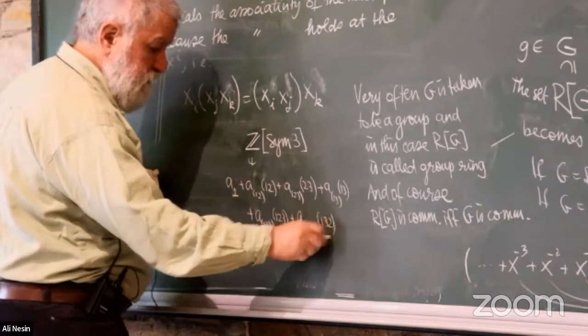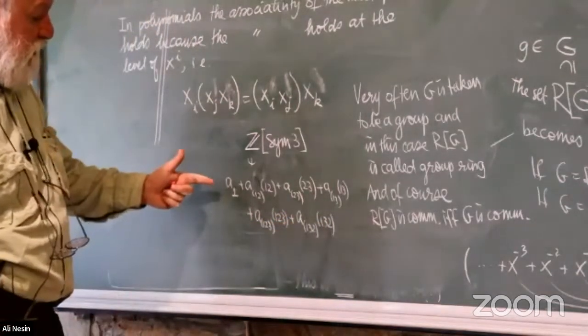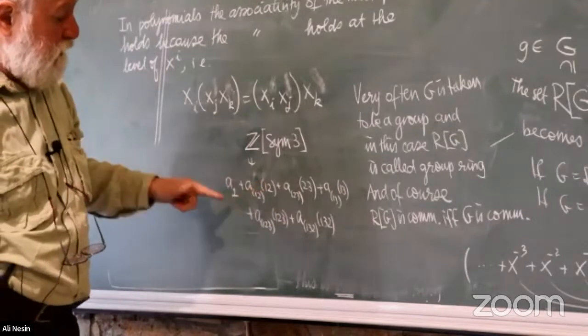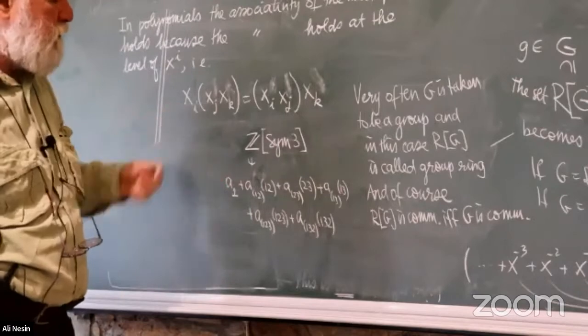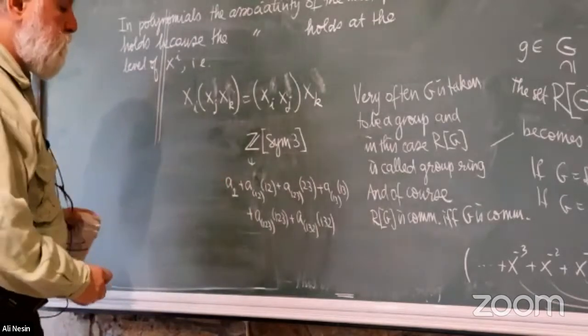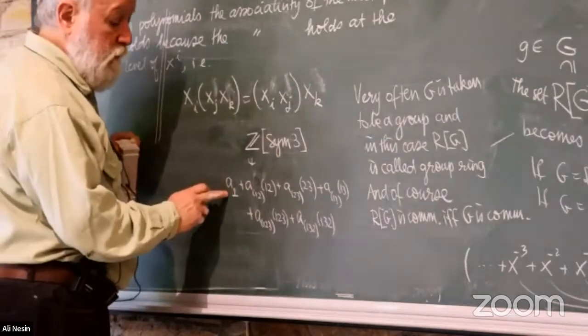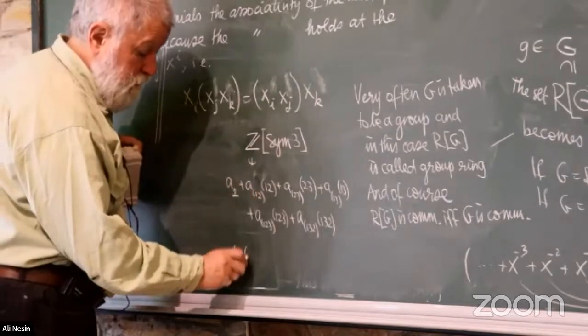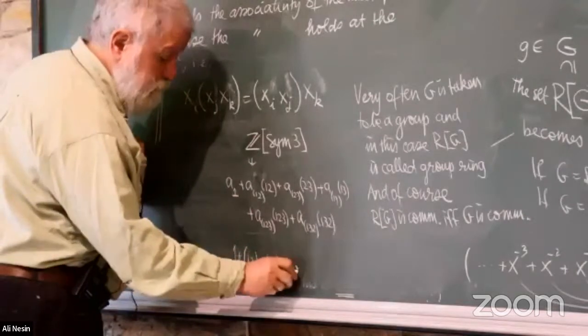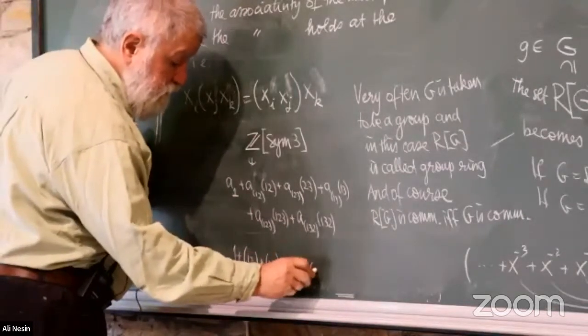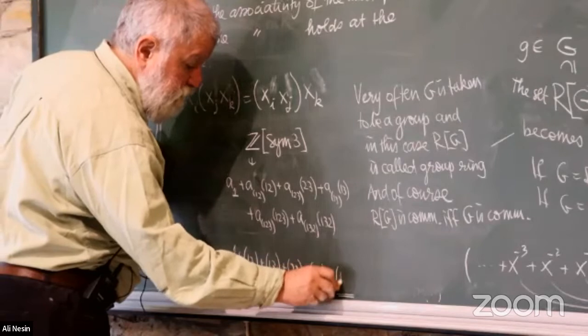This is one element. A typical element is like this. These A's are integers. You can take all to be 1. Take them 1: 1 plus (12) plus (23) plus (13) plus (123) plus (132), for example.